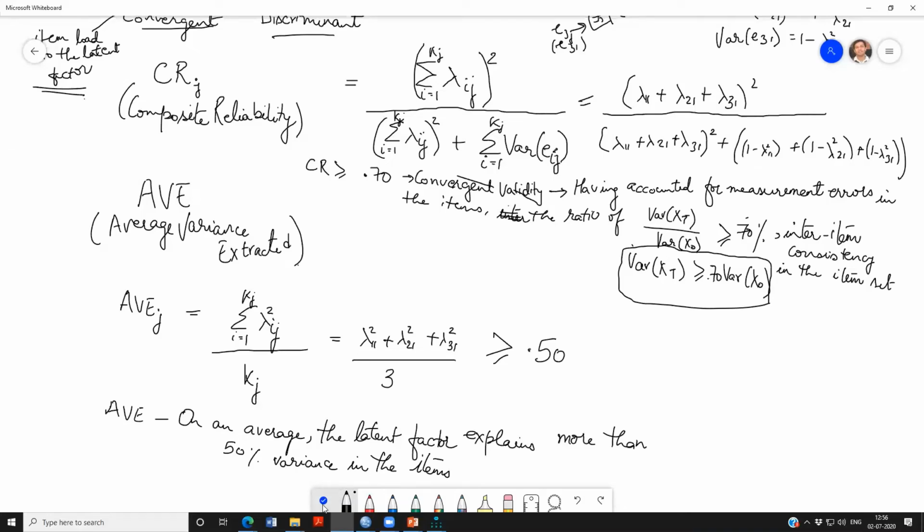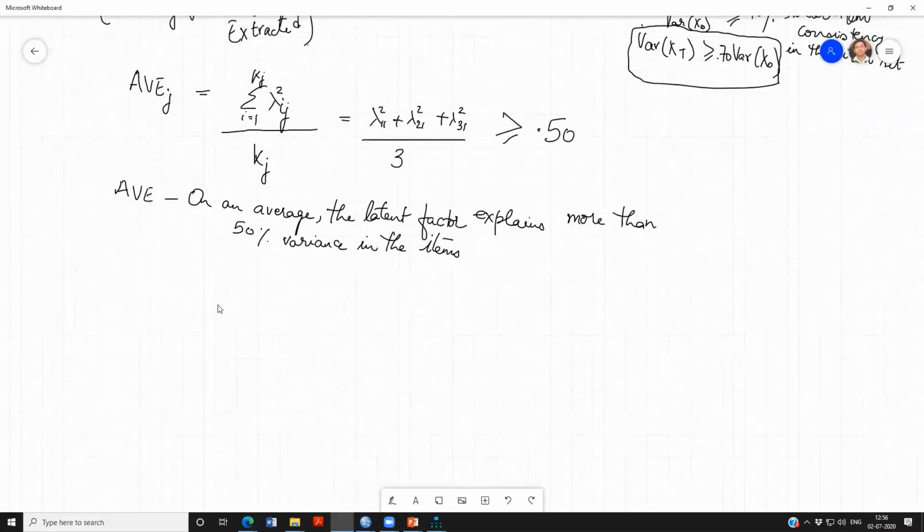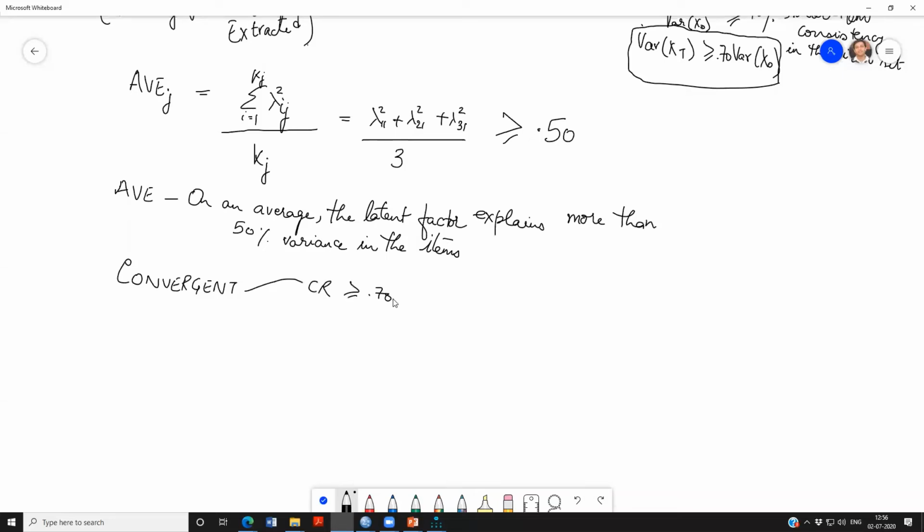And therefore, this is another measure for convergent validity. So when you are doing convergent validity using CFA, you will report two indexes: one, CR, and you will show that the CR for your sub-dimensions or whatever factors you are working with is greater than 0.70, and the AVE is greater than 0.50.